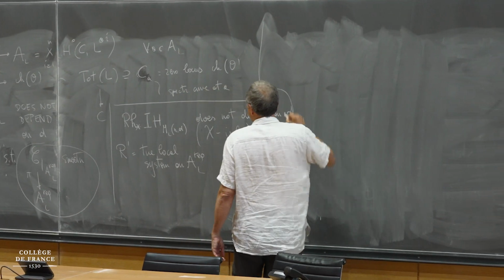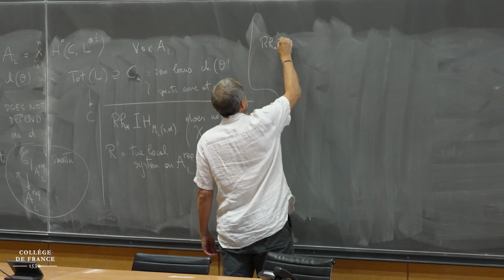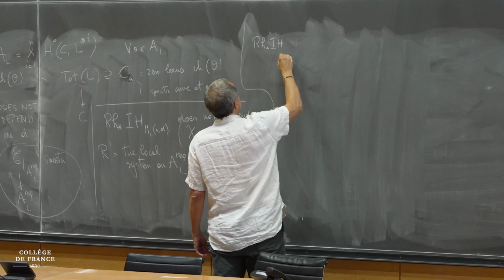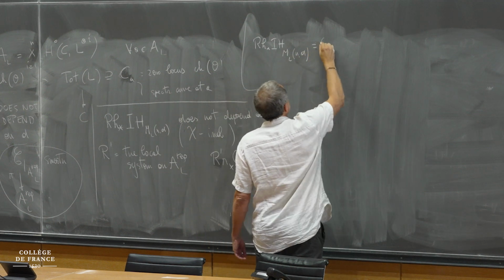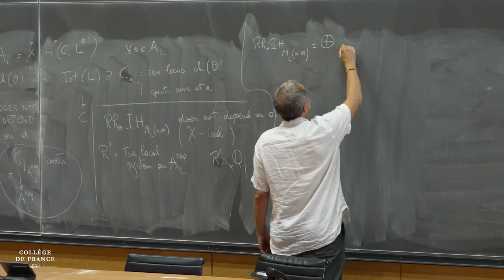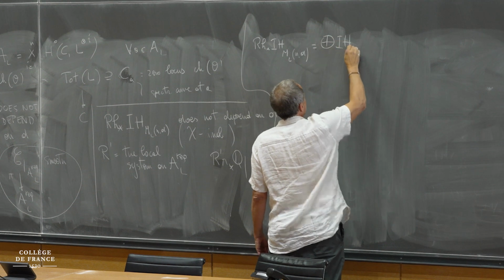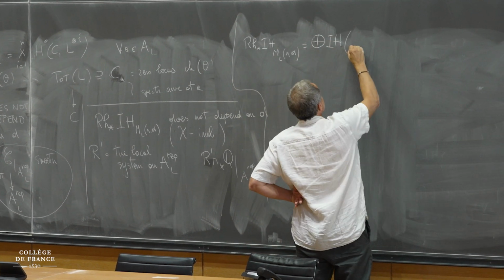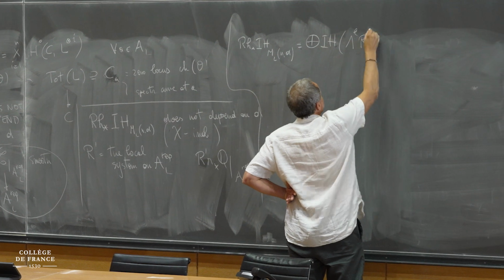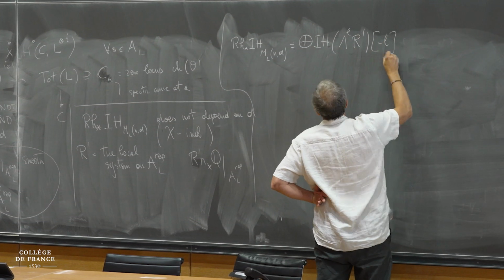What they prove is that this direct image is just the sum of the intersection cohomology complexes, the intermediate extensions, of the wedge powers of this local system, with shifts.